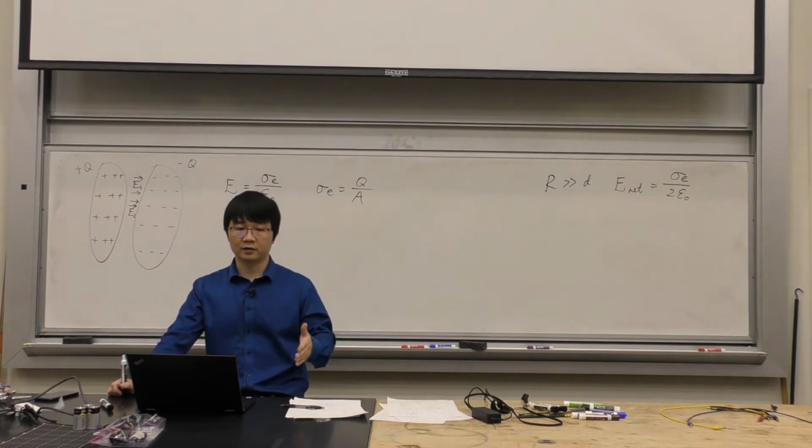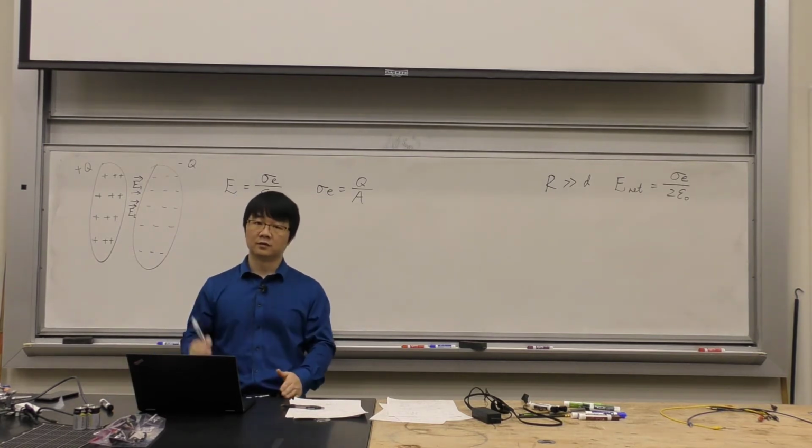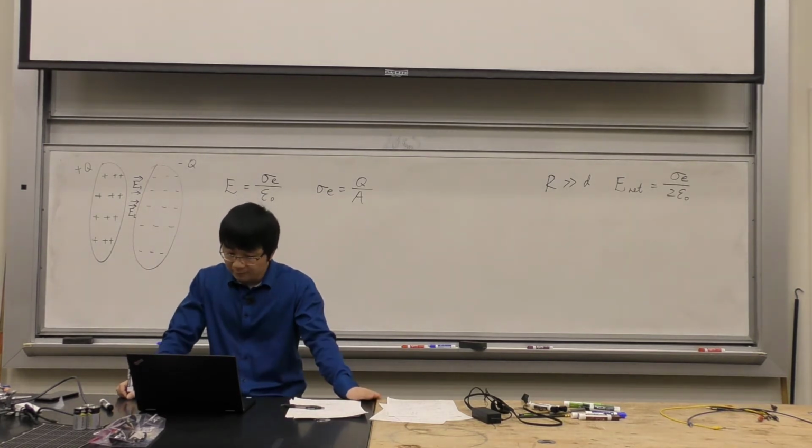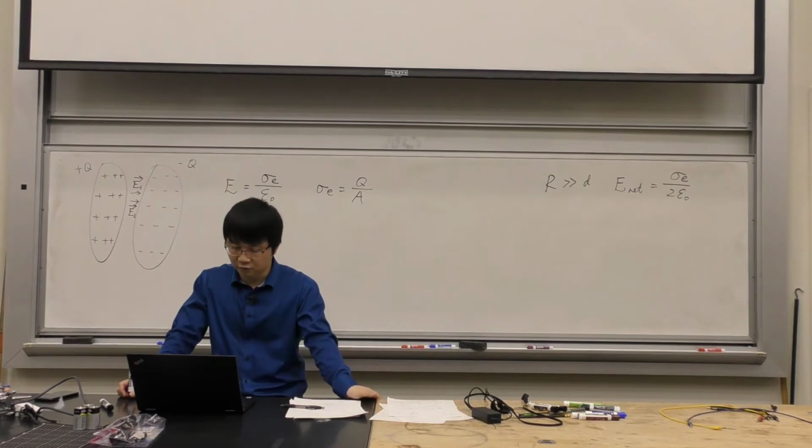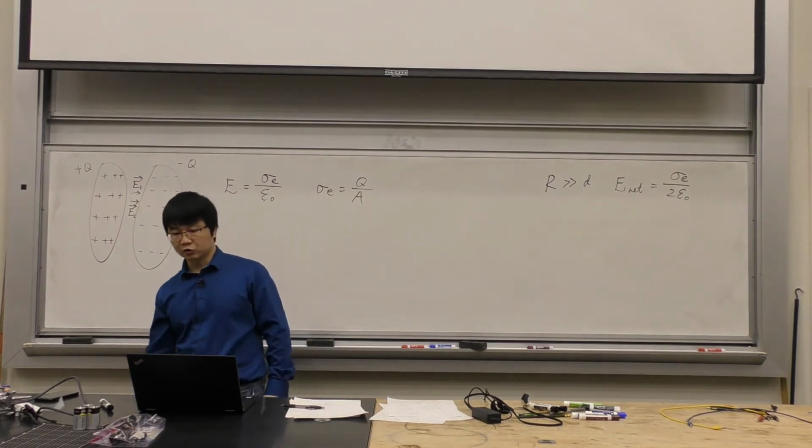As long as they're big and the distance between them is small, this is always true, okay? 1 millimeter apart. 1 millimeter is much smaller than their size, 1 centimeter and 2 centimeters. How many electrons must be moved from one electrode to the other to create a uniform electric field of 2 times 10 to the 6 newtons per coulomb?